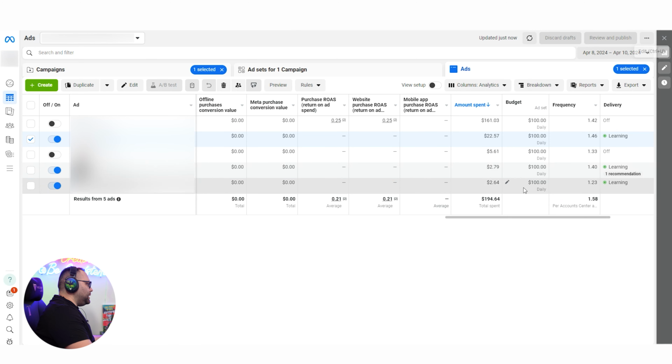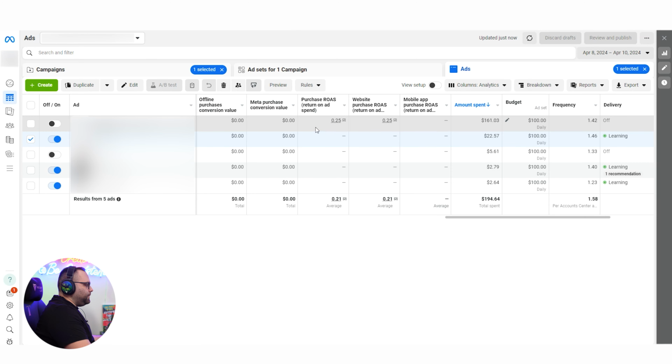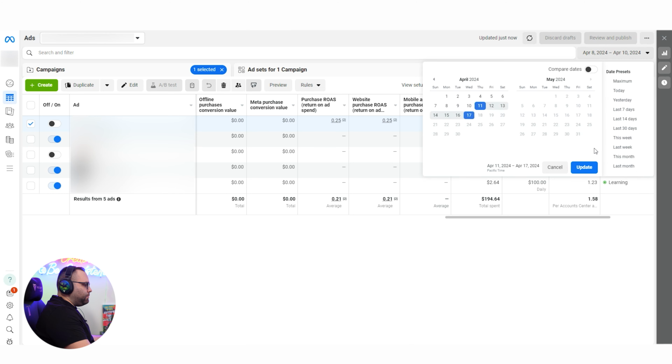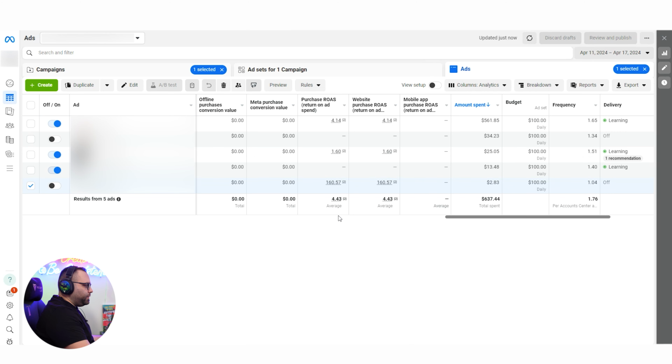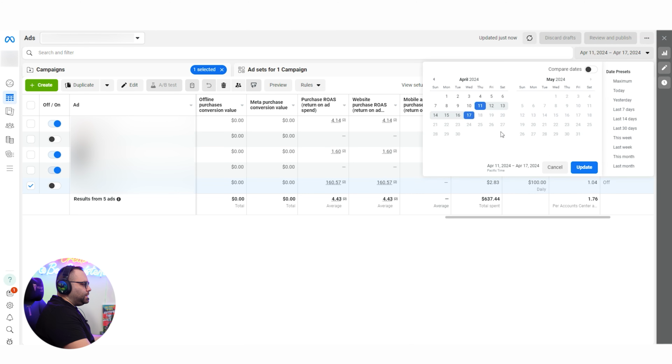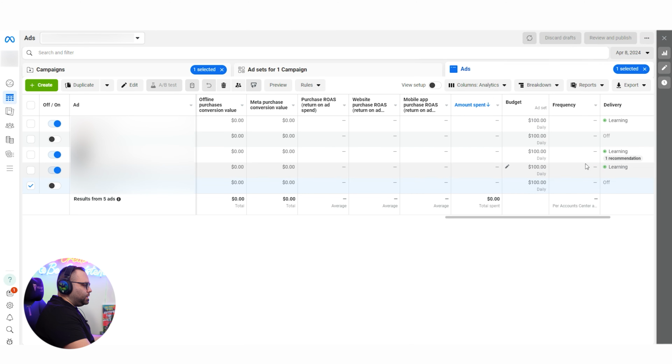Here we are in an advanced plus campaign, and we had a very bad ad over here, which in the first 48 hours took all of the budget, as you can see. And when I turn it off, after that point, the campaign is profitable. So this is a right decision, and it's a decision that I took on the 8th.